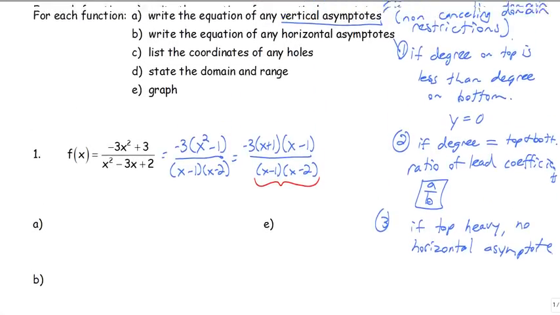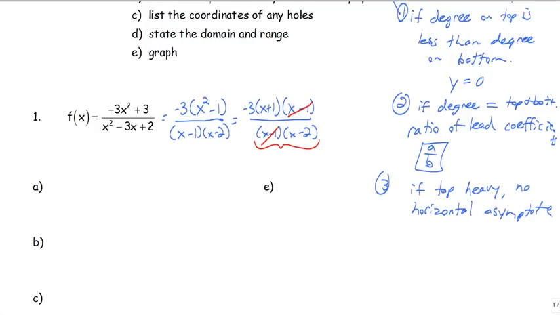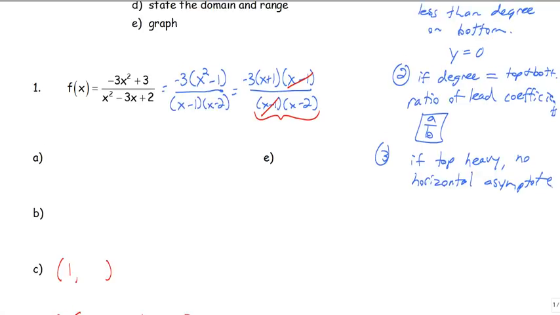Well, first of all, let's simplify this one step further. Now that I have my domain, I cross these out. Those are a hole. So right away, part C, list any coordinates of the hole. There's a hole at x equals 1, and then we don't know the y value yet. We'll deal with that later. And what's left over?